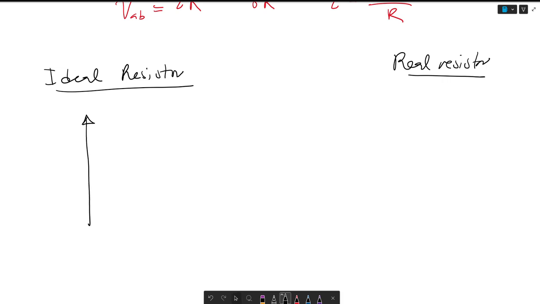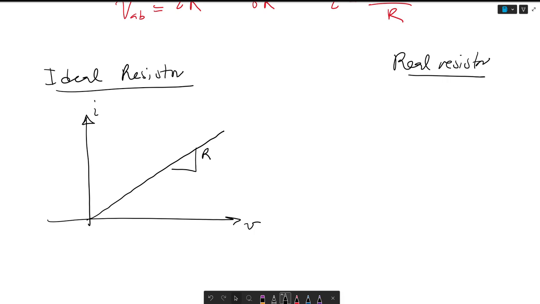So what an ideal resistor looks like, the IV curve. This is voltage, this is current. It looks like this, where R is the slope.